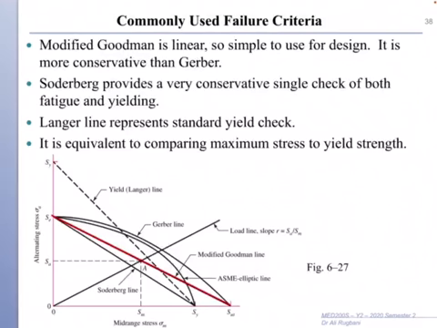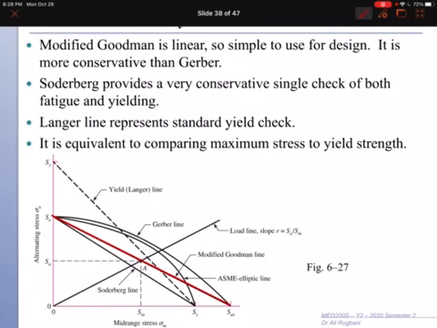All these criteria can be used if you are asked to choose a conservative check. Then Soderberg, which is this line, gives the smallest area under the curve, and it is the most conservative check.